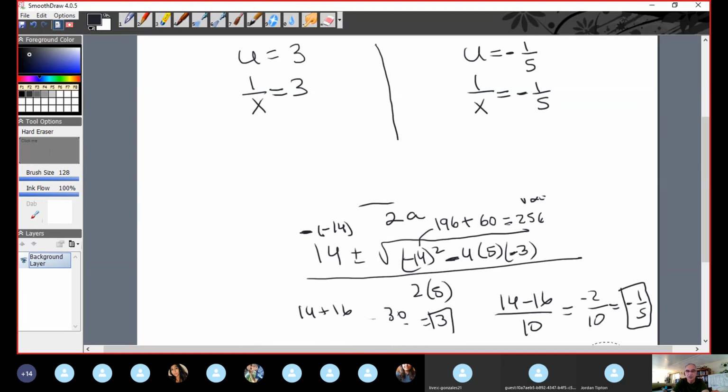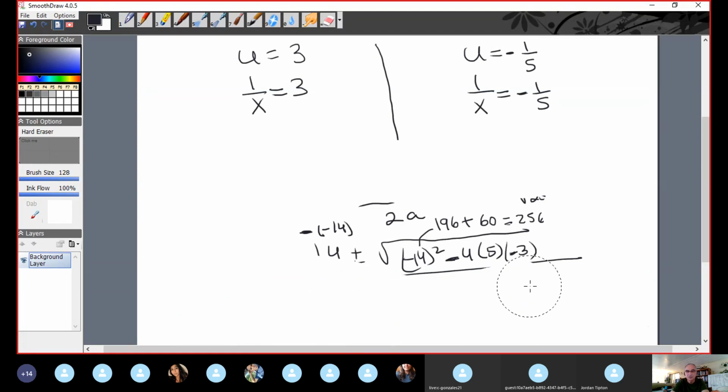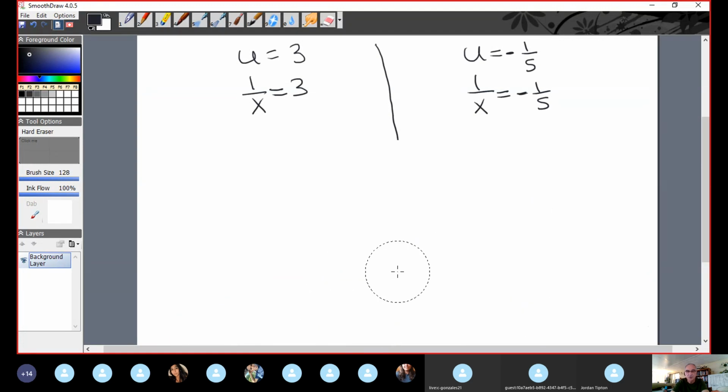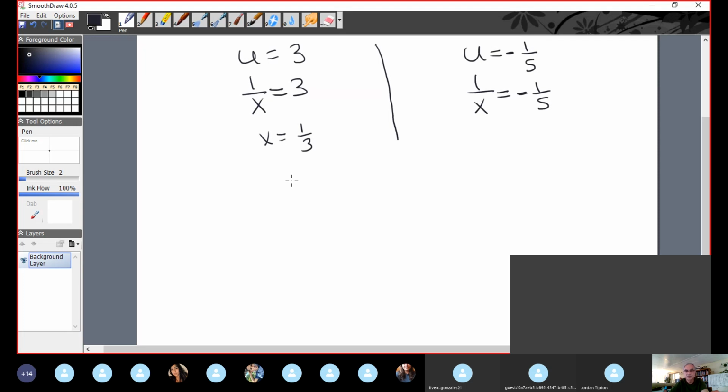Do you have some idea how we solve for x? Well, there are many ways. One way is to flip it. You flip it, you get x, and you flip the other side, you get 1/3. Yes or no? Is it possible to do that? Yes. Another way to see it is 1/x equals 3.